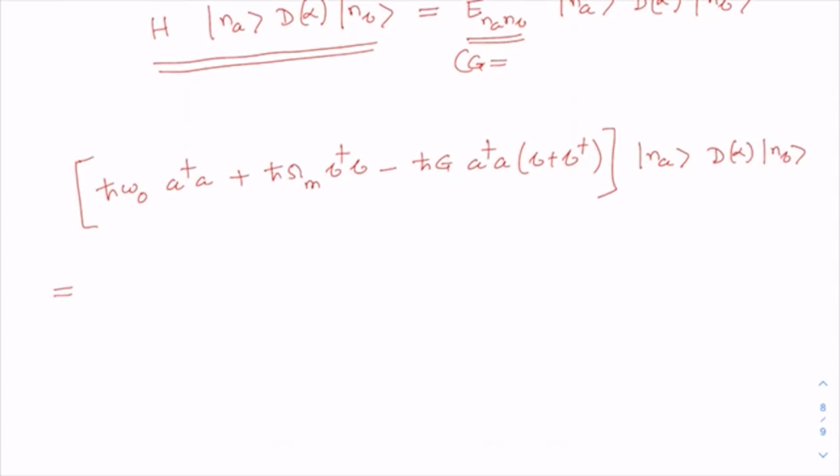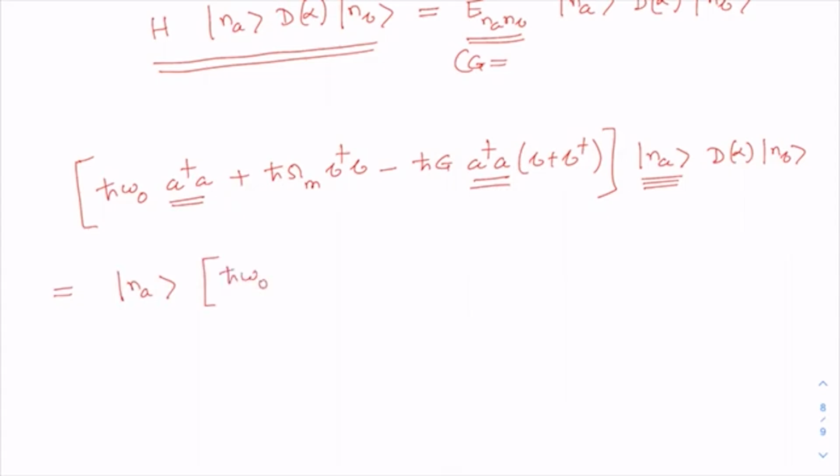Because a dagger a operates on Na, the number state for the photon, I will get a number, and Na I can take out.